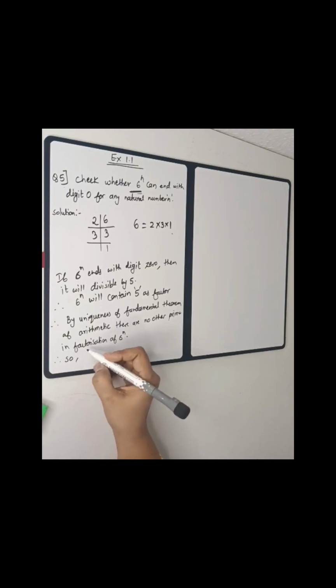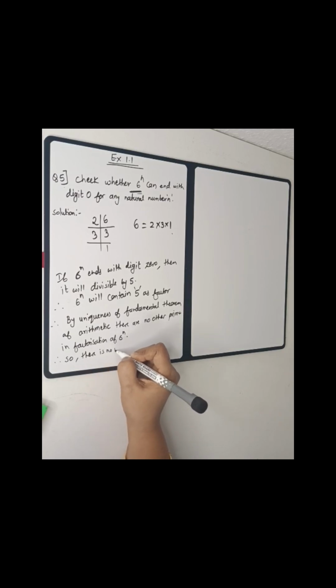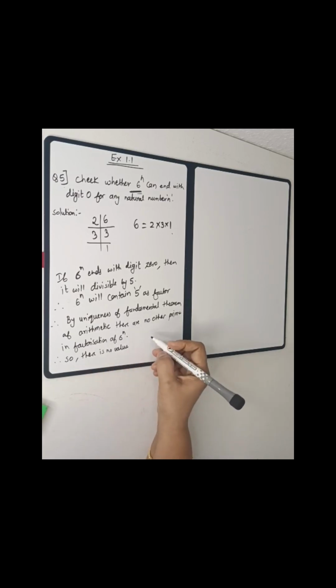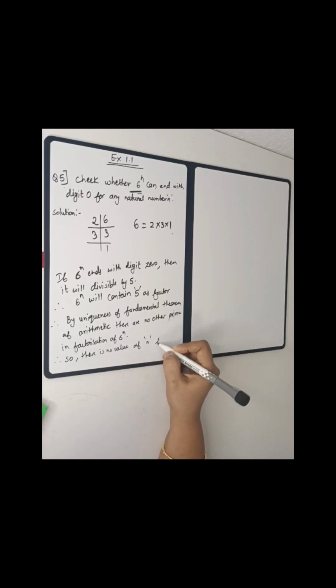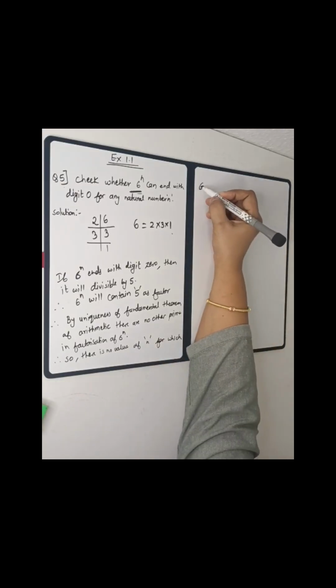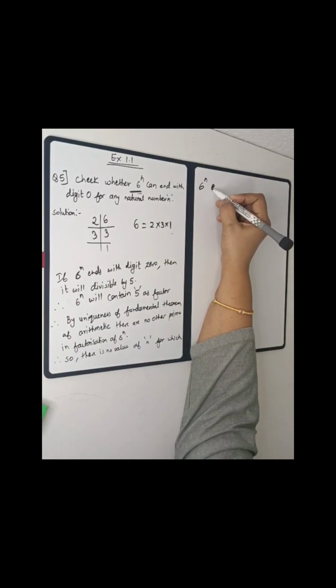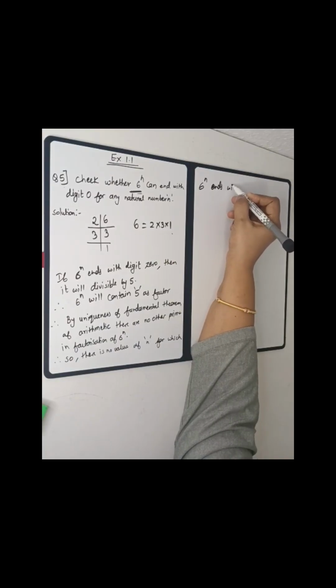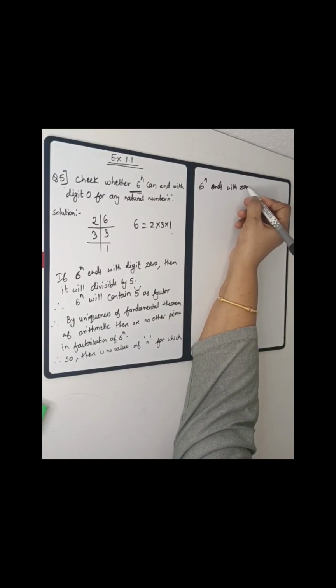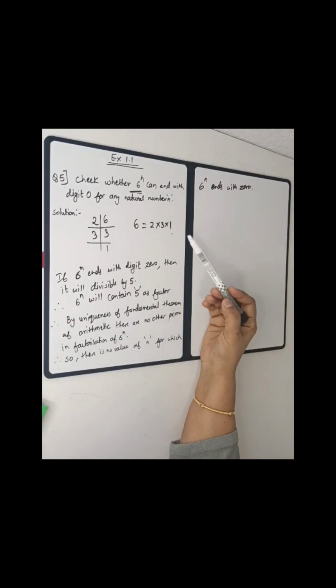So there is no value of n for which 6 raised to n ends with 0.